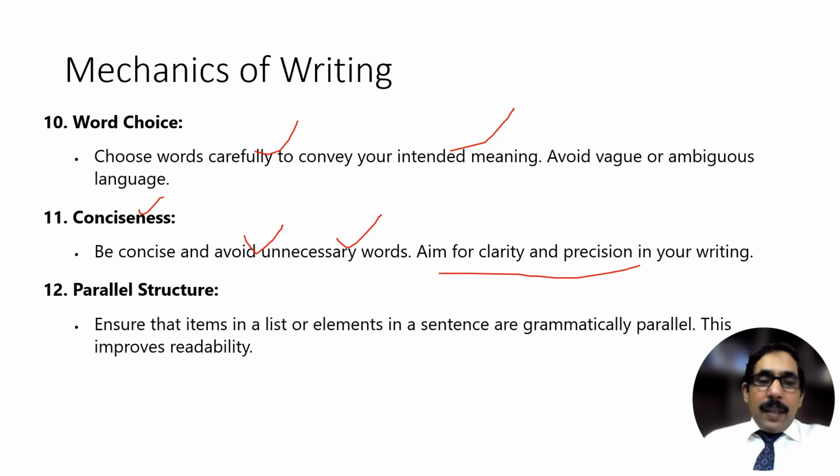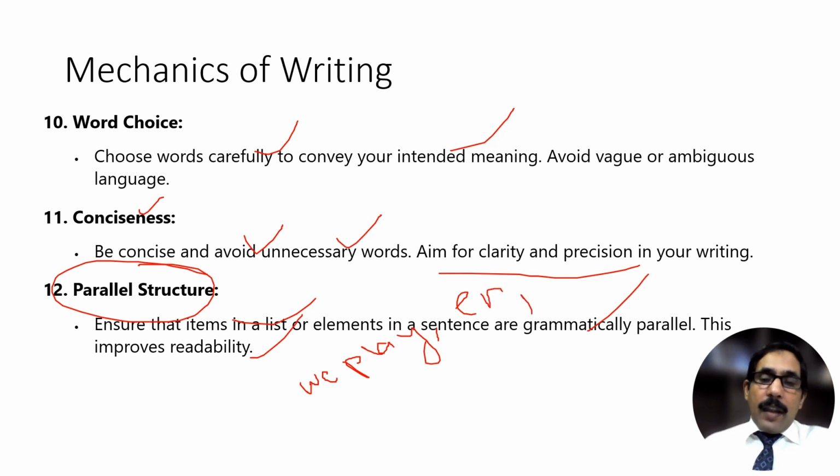Parallel structure. This is another important factor that must be kept in mind. Ensure that items and list elements in a sentence are grammatically parallel. This improves readability. For example, if we are writing we play, we enjoy, and work together, here all the verbs have been used similarly.